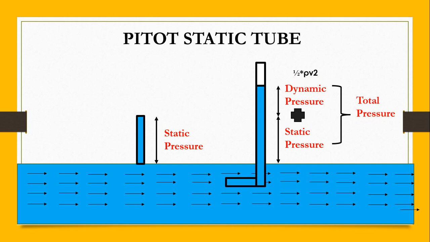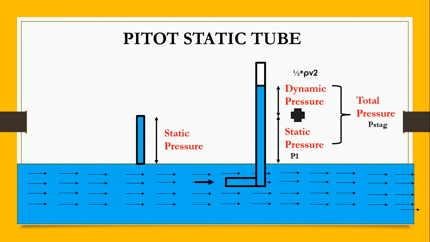For dynamic pressure, we have a formula called half rho v square, and for static pressure, we denote the term as P1 because it is the pressure at point 1, and for stagnation pressure or total pressure, we denote the term as P stagnation or P total.